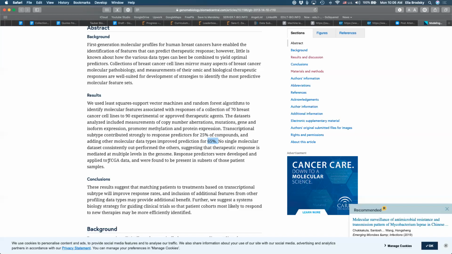And so they refer to the TCGA, which is the Cancer Genome Atlas data, to validate the predictive power of their test. So today we're going to look at TCGA and try to understand how we can leverage this data set so that we can study molecular features and their clinical indication power and their clinical application.